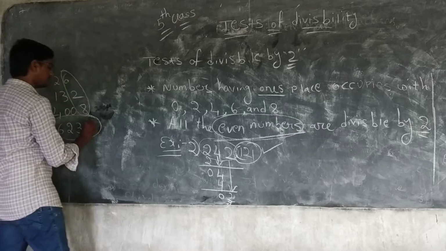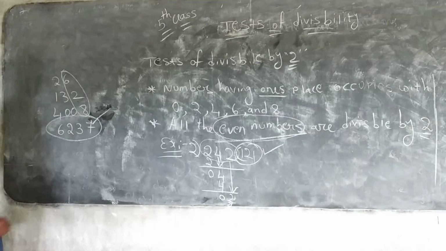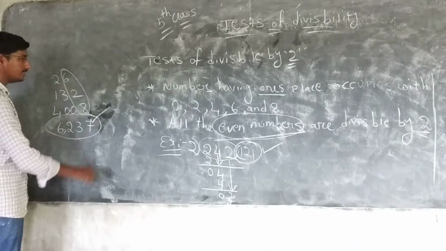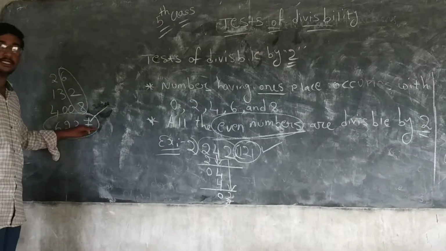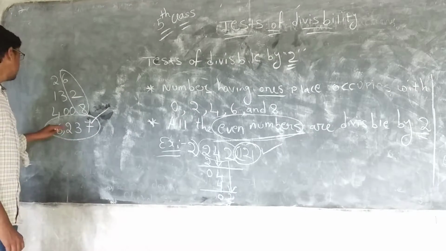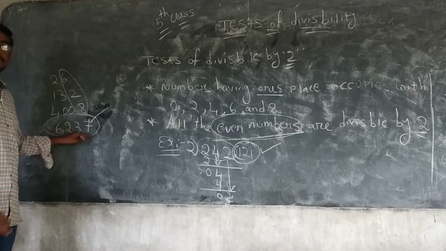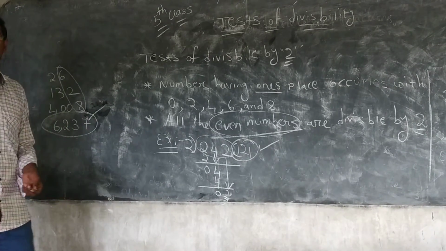But coming to 6237, the ones place is occupied with 7. So 6237 is not divisible by 2. Without doing an actual division, we can say 6237 is not completely divisible by 2. That is the use of the test of divisibility.